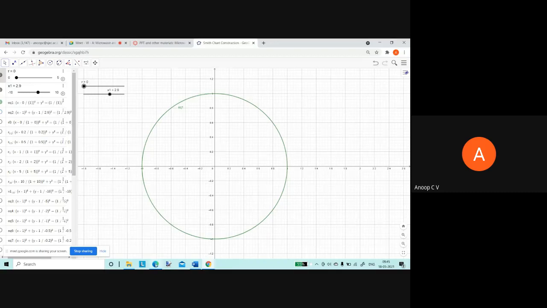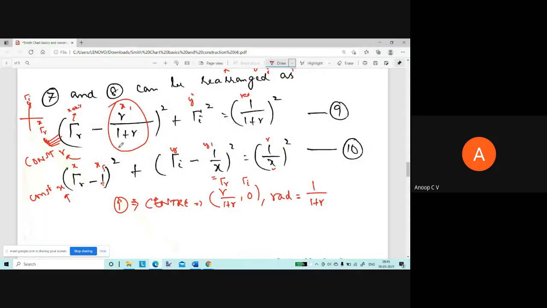We'll go back to the expression and see. When you substitute r equal to 0 in equation number 9, what are we getting? We get gamma r squared plus gamma i squared equal to 1 squared.